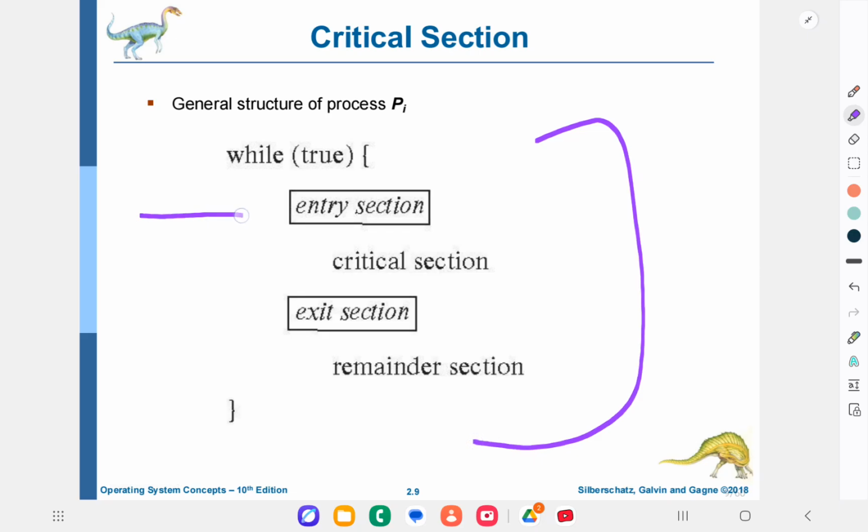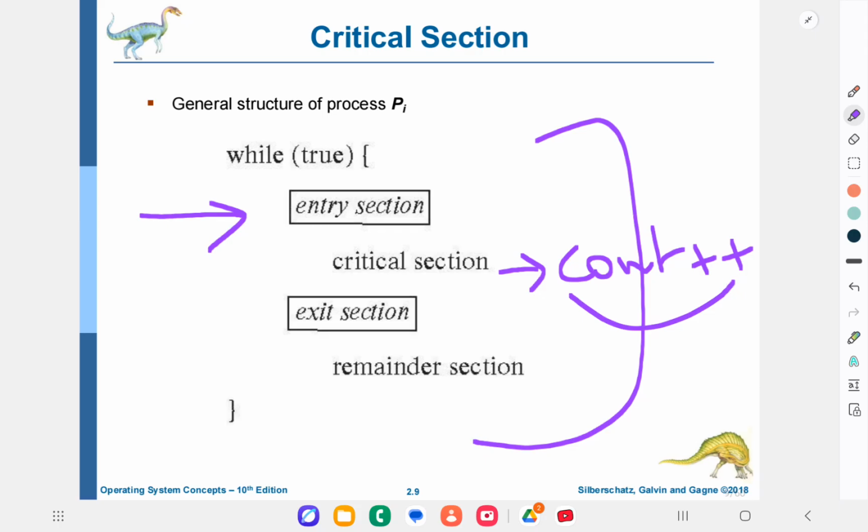We always start with the entry section. Remember we said that the only solution is to allow only one process in the critical section at a time, so only one process will be manipulating that shared variable, okay? The critical section is what we're trying to protect, and this is where we have that shared count plus plus, for example, happening.